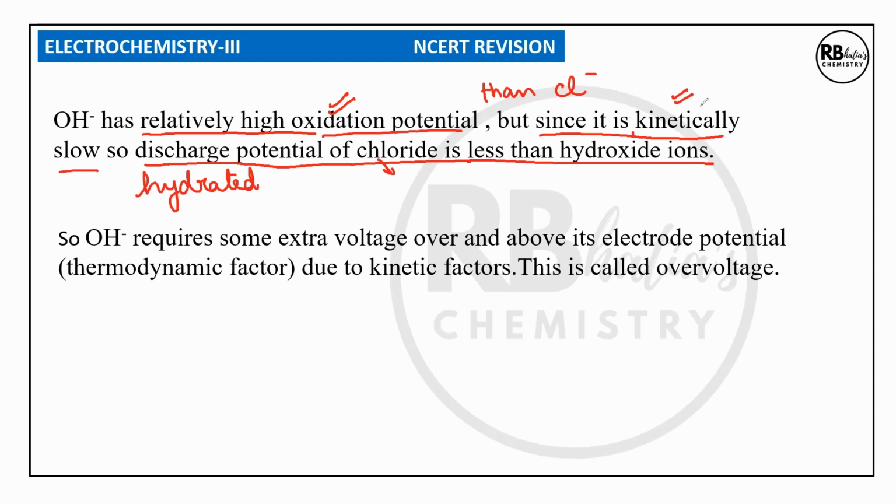So the overall energy requirement for release of chloride ion becomes less, or in other words we say discharge potential of chloride ion is less than hydroxide ion. So out of chloride ion and OH negative ion, it is chloride ion which is preferentially discharged, and this extra voltage which is required to discharge OH negative ion due to its kinetic factors is called overvoltage.